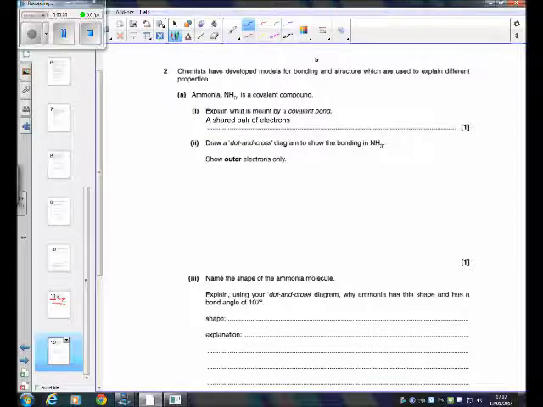Okay, so part 2 is asking you to draw a dot and cross diagram to show the bonding in NH3, and this is worth 1 mark. So we know from the question above that it's covalent. We know that nitrogen has got 5 electrons in its outer shell, and hydrogen has got 1 electron in its outer shell.